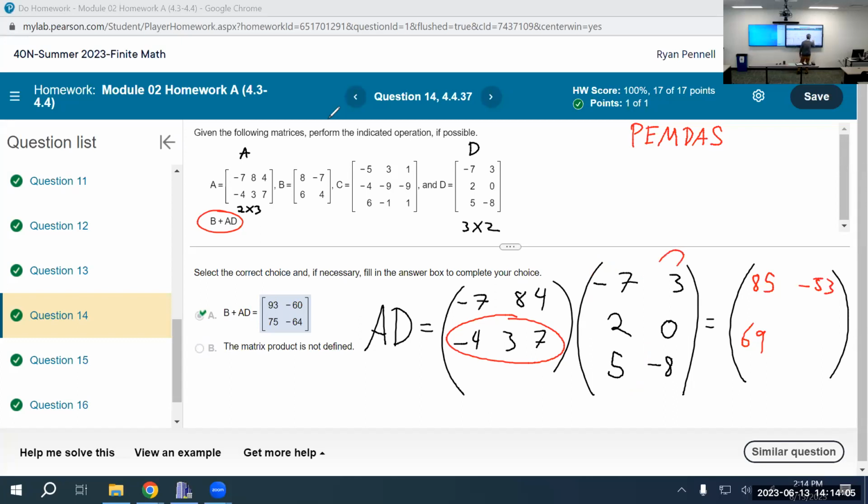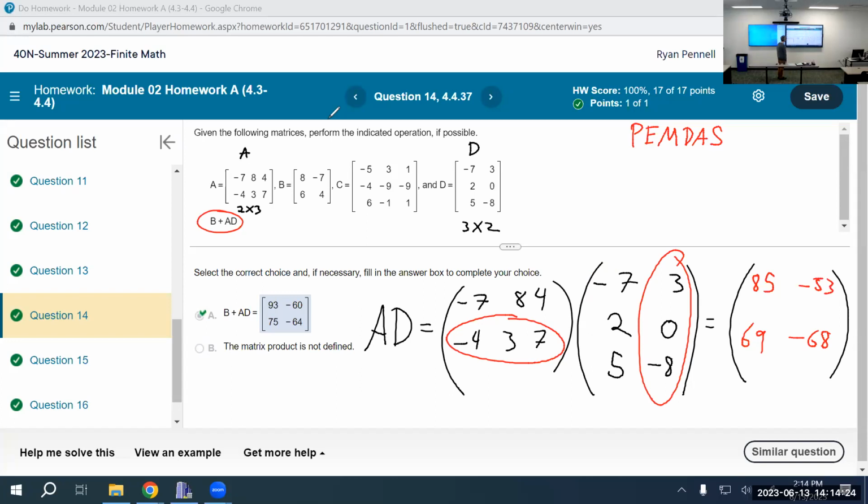Second row, second column: negative 12 plus 0 minus 56, negative 68. So that's me multiplying them.